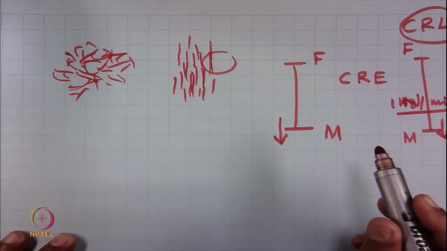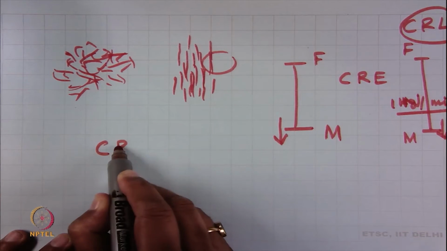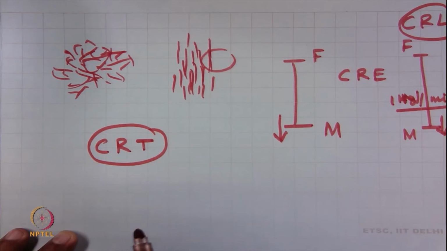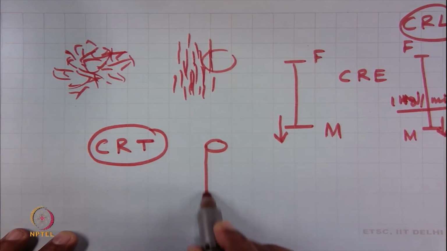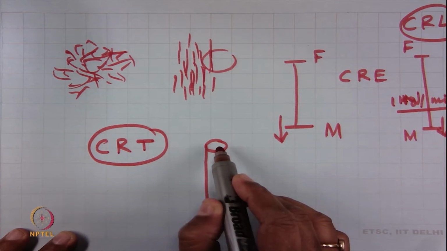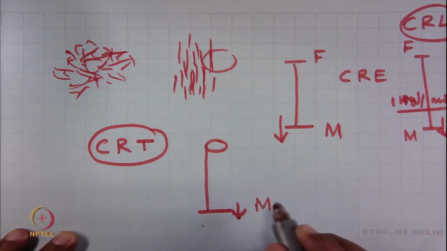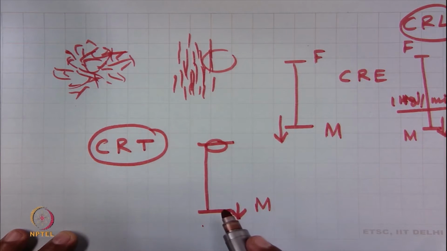But what about the constant rate of traverse? Here this one is a movable jaw, but the other jaw is not fixed.